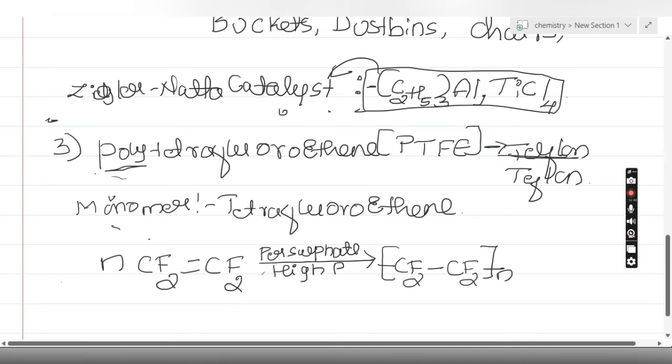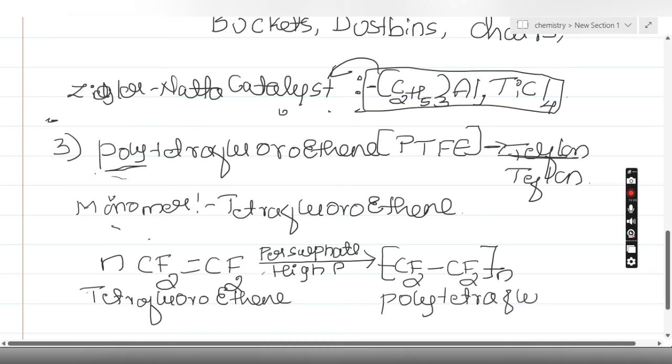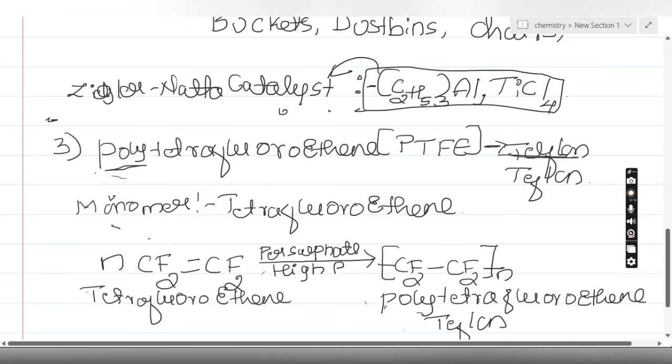N. So this monomer is called tetrafluoroethene, and this polymer is called polytetrafluoroethene, which is commonly called Teflon. Am I right, students?